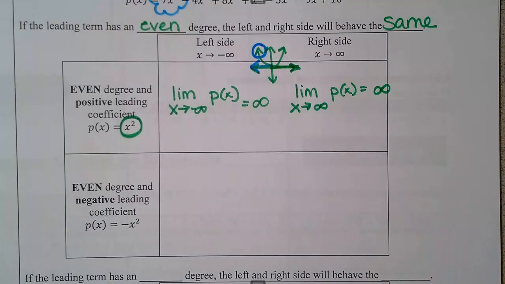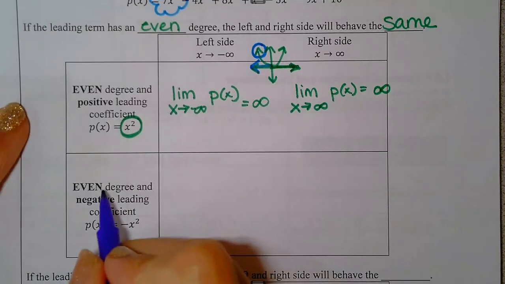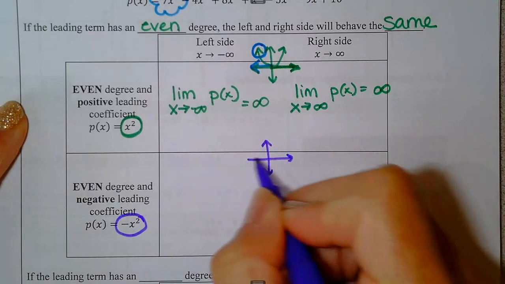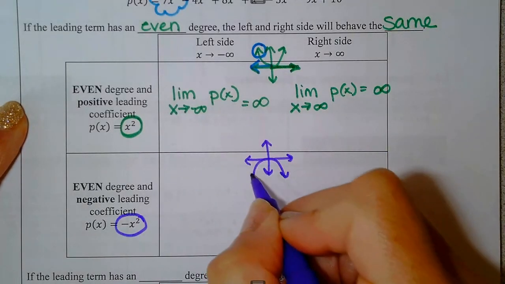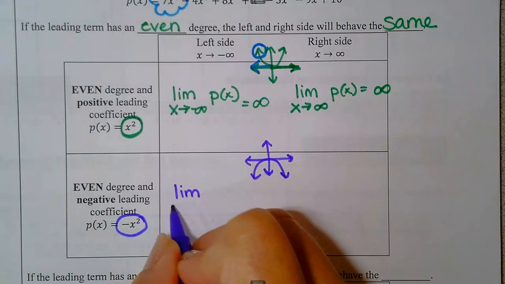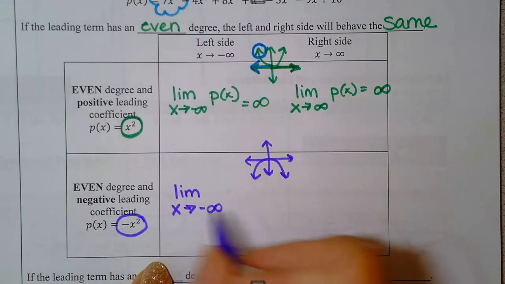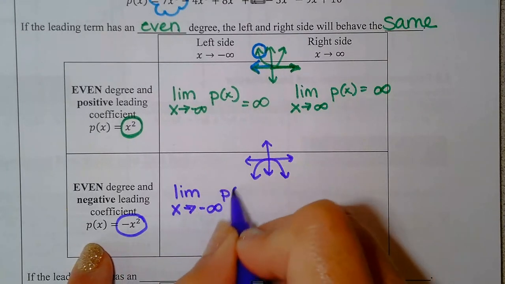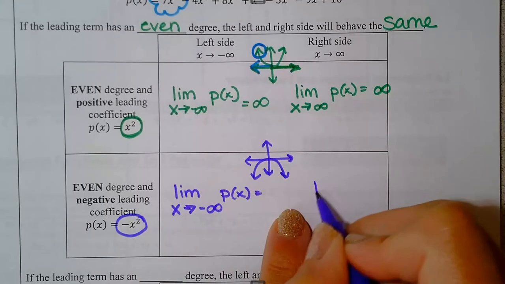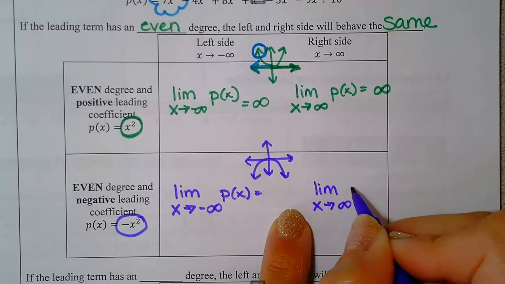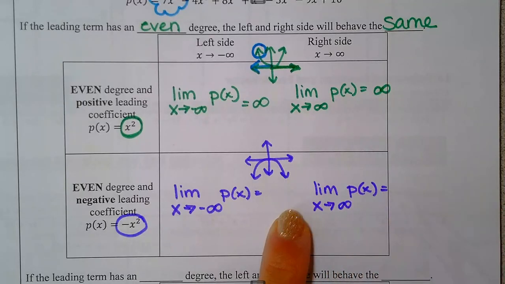And then what if it's even but it has a negative coefficient? It's going to be a parabola going down. I'm always starting with this same limit notation: limit of x to negative infinity of p of x. The only thing you are changing is the very end answer.